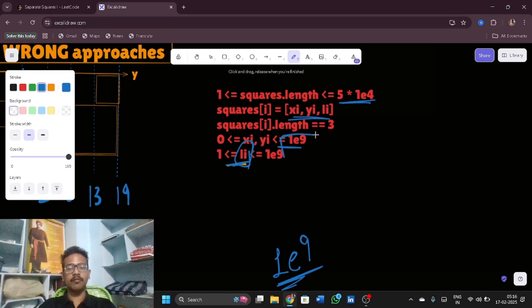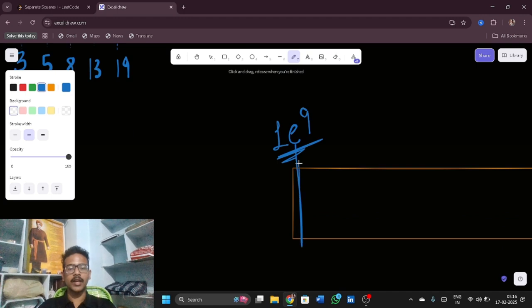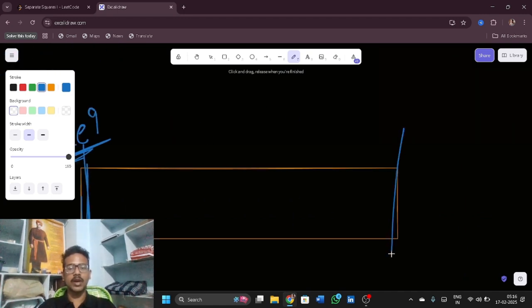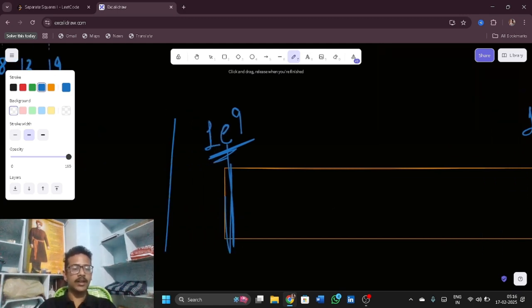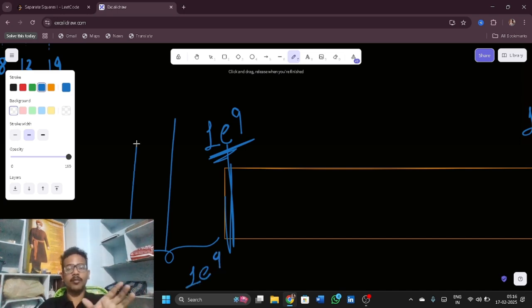So when y is 1e9, at 1e9 I can also have another 1e9. So I will have a memory of 1e9 till there. For 1e9, in the prefix area array, I will store the values or the area till there.